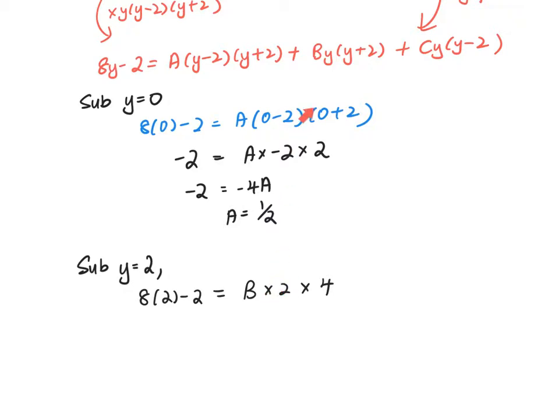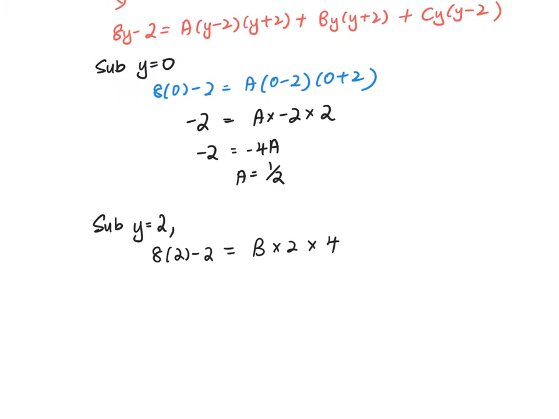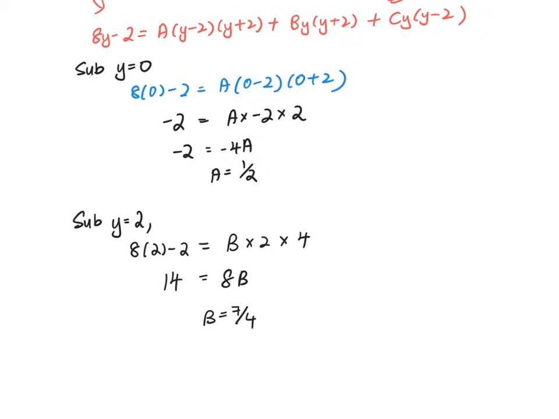Substituting 2 into the other factors gives me 0, which is why I'm only left with B. So this gives me 16 - 2 = 14 = 8B, and B = 7/4.